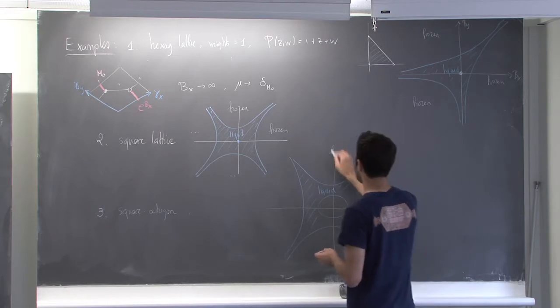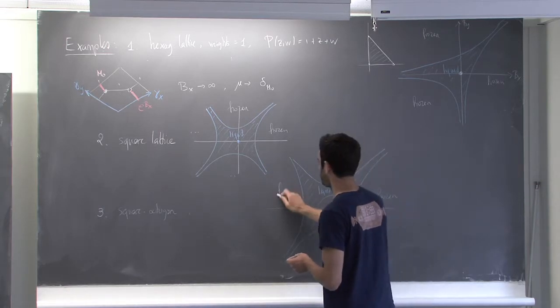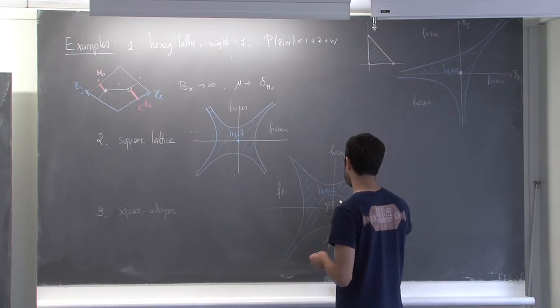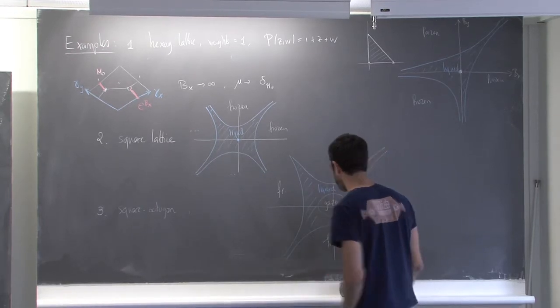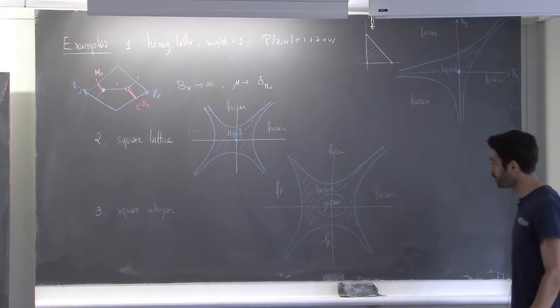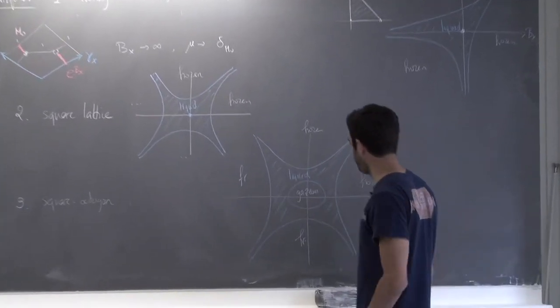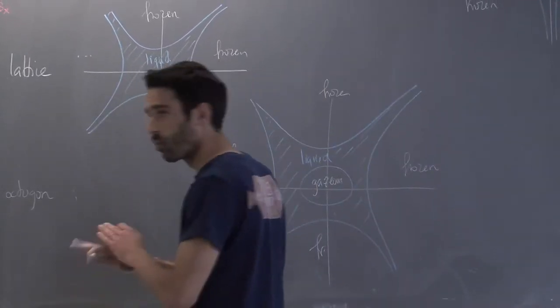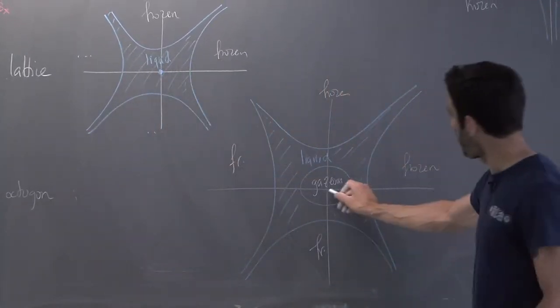So far, it's the same thing. And I have this gaseous phase here. It turns out that if I take my square octagon lattice with weights equal to 1, then I'm in a gaseous phase.